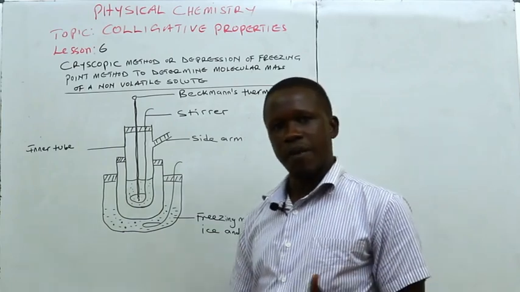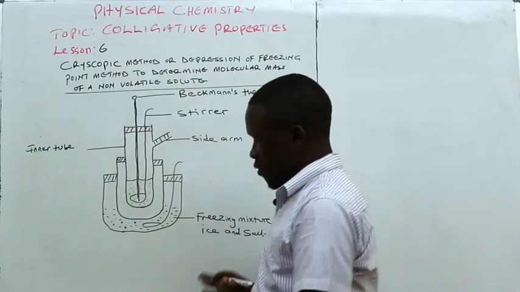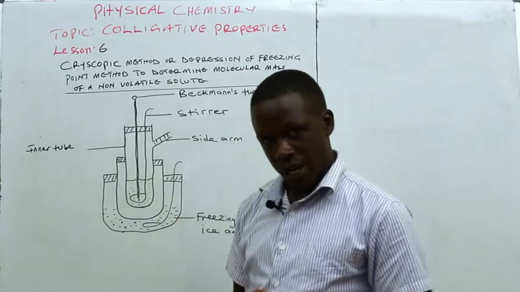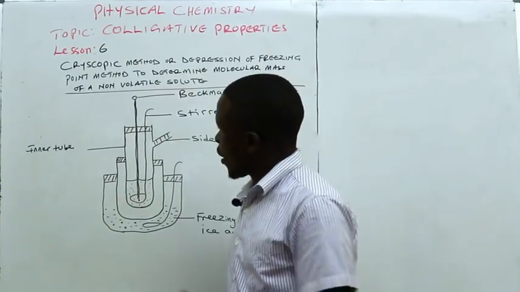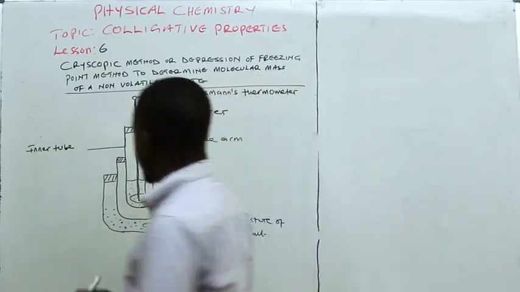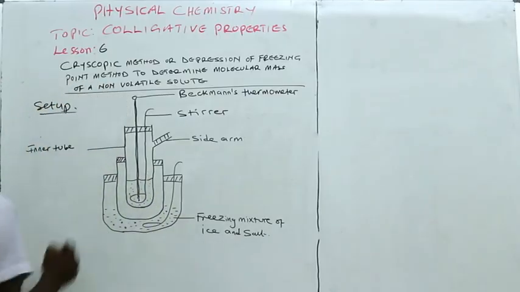If you're told to determine molecular mass experimentally, here I want to give you the theory of what we can do in the laboratory to do this experiment. So here we have the setup of the apparatus.